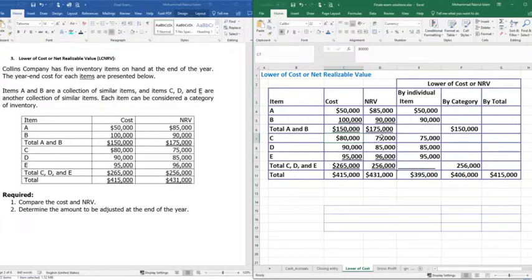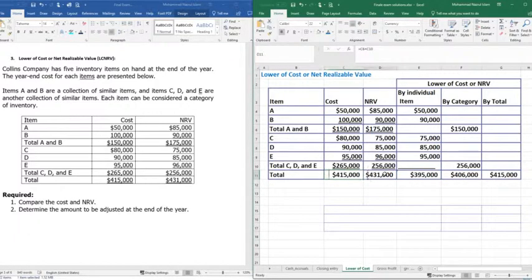And here you can see 80 and 75, 90 and 85. So 95, and the total is 265 and 256, so 256. The total of this one and this one is equal to 415,000, and the total of the other two is equal to 431,000, and the total of all of this is 395,000.